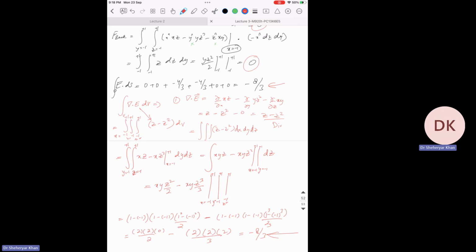So this part is here. X, this upper limit minus lower limit, plus 1 minus 2. And then this is for the y part. Also, that's what I'm saying: square terms are 0, cube terms remain here.